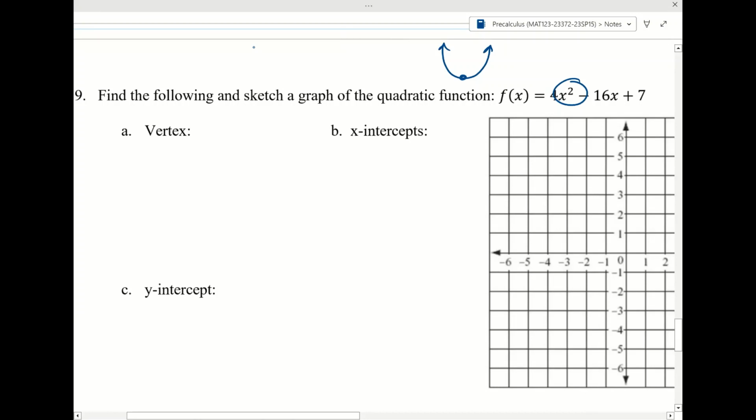This point is called the vertex, and the question's asking us to find the vertex. The easiest way to get the vertex is to follow this formula: the opposite of b over 2a, and then we plug it in to get the y value. And I'll explain exactly what this means. a is 4, b is -16, c is 7.